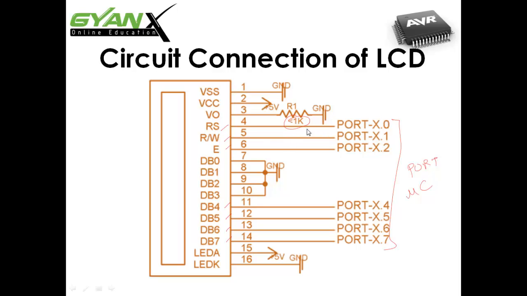By default the 4 pins of the data bus are always ground, meaning the value is always 0, and the other pins are connected to the microcontroller. We will see further how we send data from these pins to the LCD through the microcontroller. And the last pins are connected to 5 volt and ground. In this way you have to connect your LCD circuit to the microcontroller.